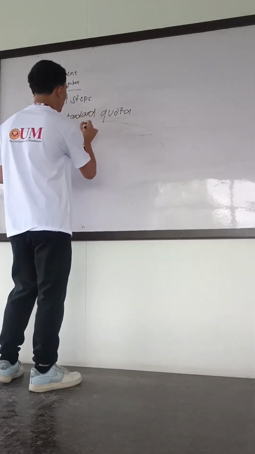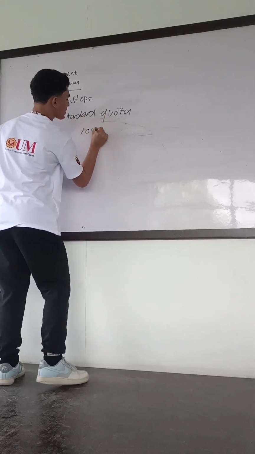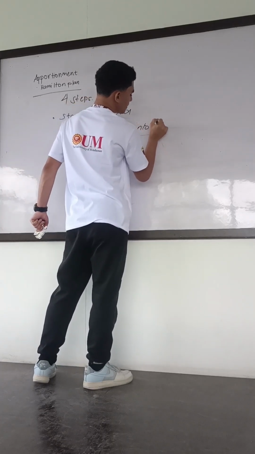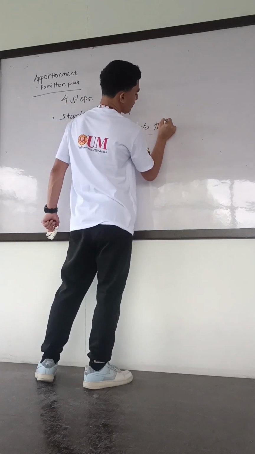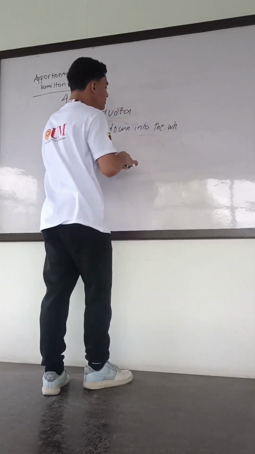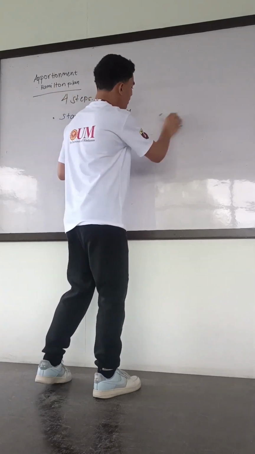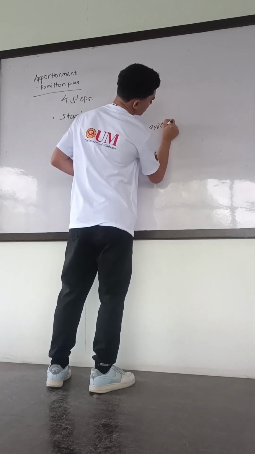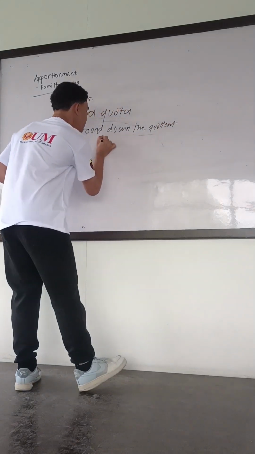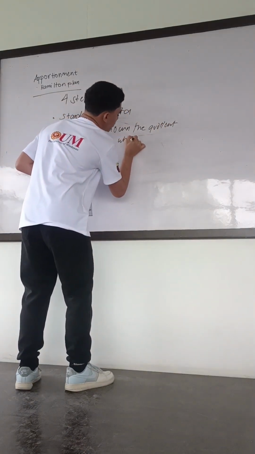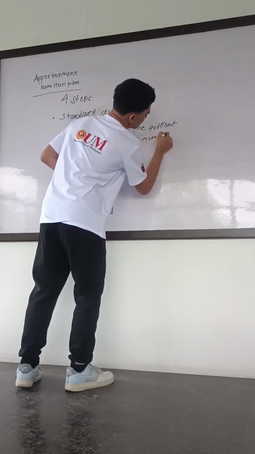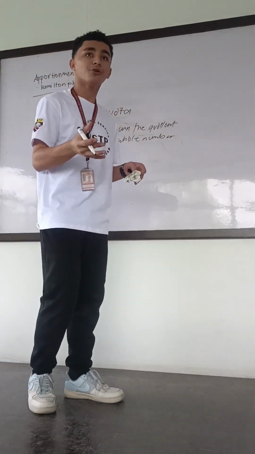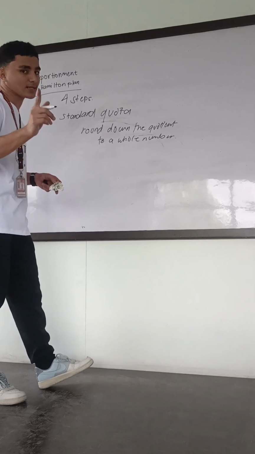So, round down the quotient to a whole number. For us to understand more fully, I have an example.